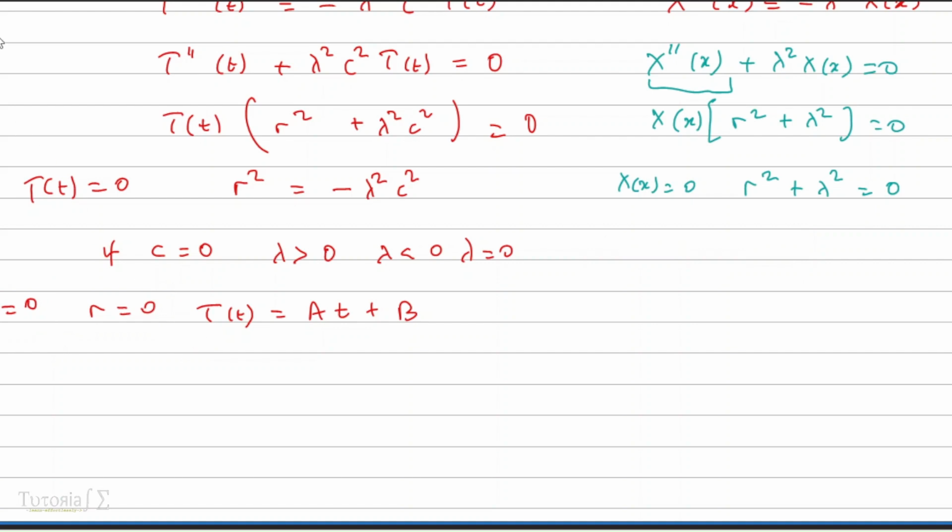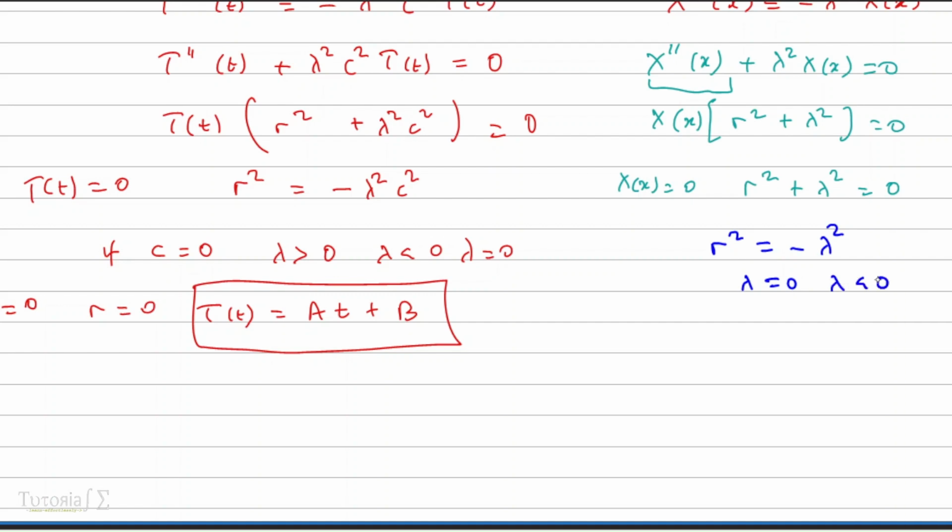Even here, we're going to do the same thing. We make r squared equal to negative lambda squared. So we can get the same case when we see what the values of r will be for lambda equals 0, lambda less than 0, and lambda greater than 0.